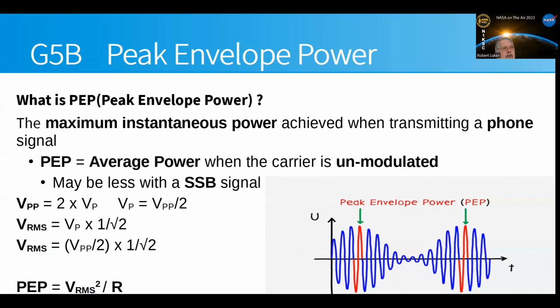There's a couple cases where they look at effective radiated power, which is different. It's the peak envelope power times the antenna gain and all those factors. So it's actually the maximum power radiated by the antenna. Which would be more than 1,500.